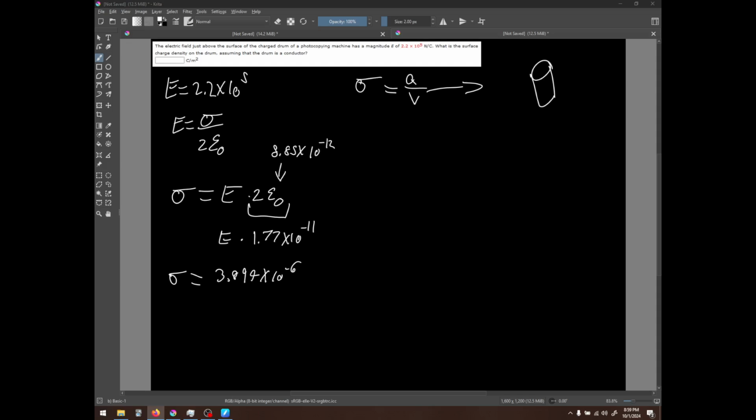Let me try it again. 3.894 e to the negative 6. No, it doesn't like it. What's wrong? 2.2 times 10 to the 5th times 2 epsilon 0. It's got to be darn close.